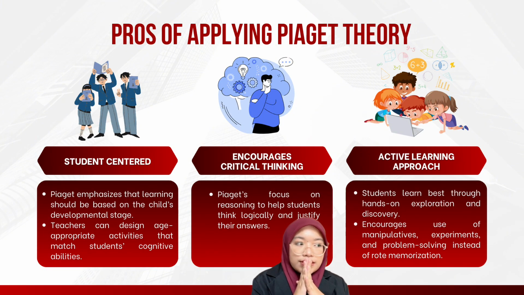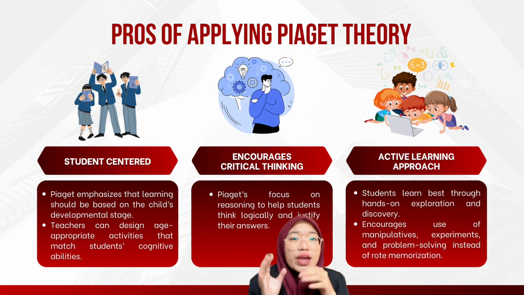For example, teachers need to teach 7-year-old kids like they don't know anything. The teacher needs to teach them from the basics because they don't think the same as we adults. Okay.